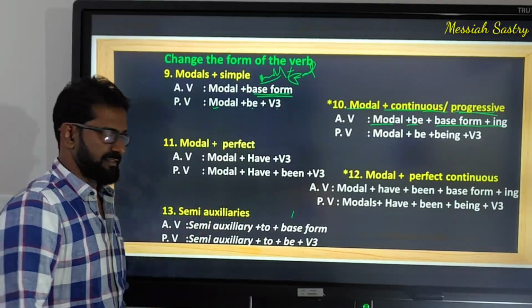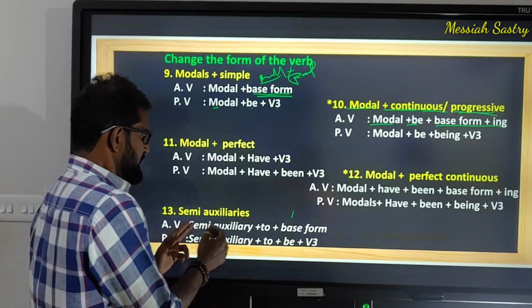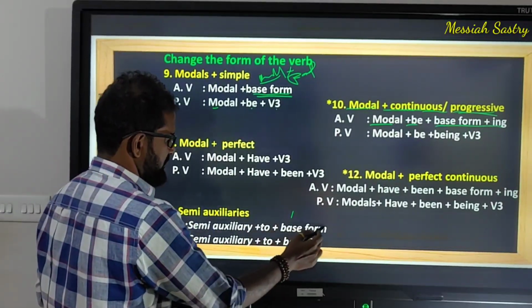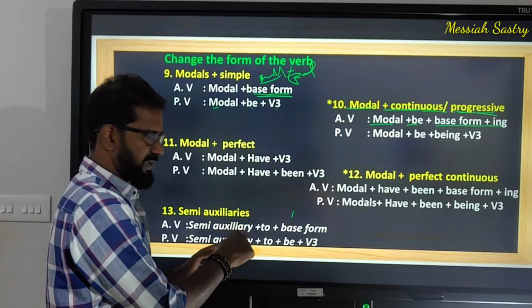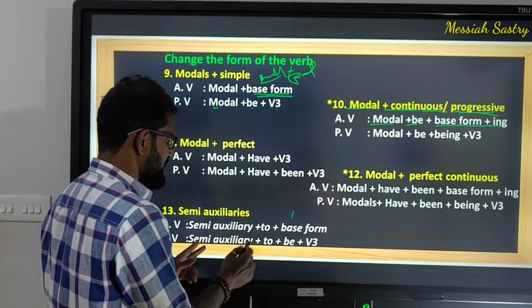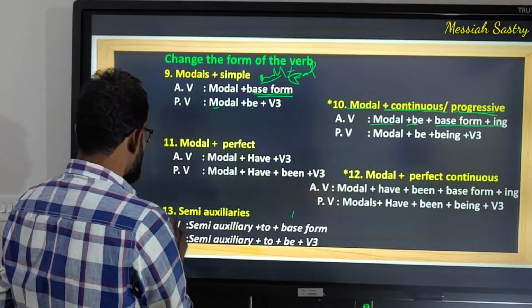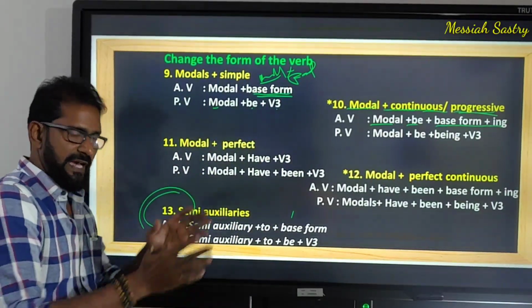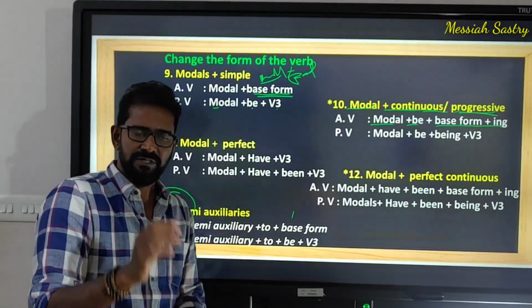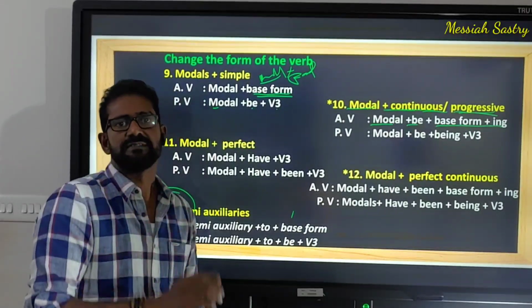Next, semi-auxiliaries. Semi-auxiliary plus to plus base form. What are the semi-auxiliaries? We will come to know later. Next, semi-auxiliary plus to plus be plus V3. So all these forms, total 13 forms, active forms and passive forms, you have to learn.